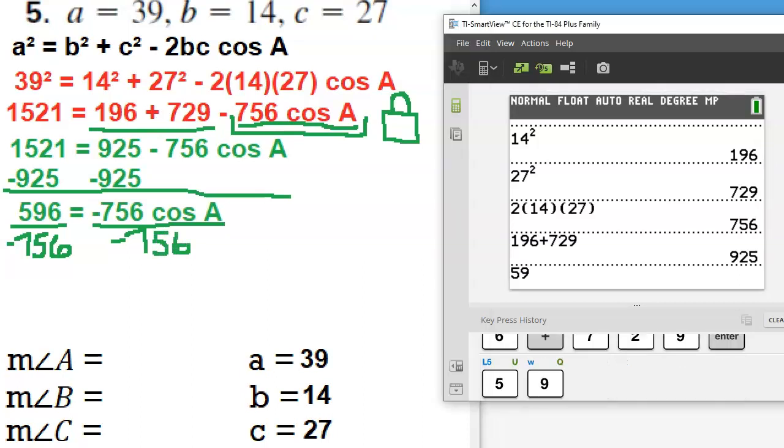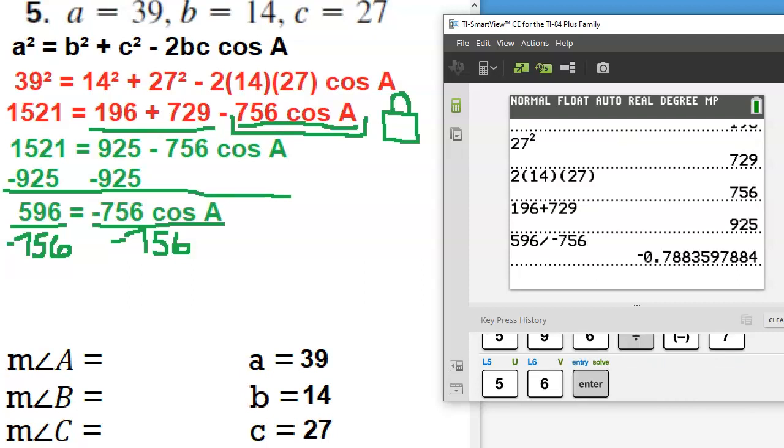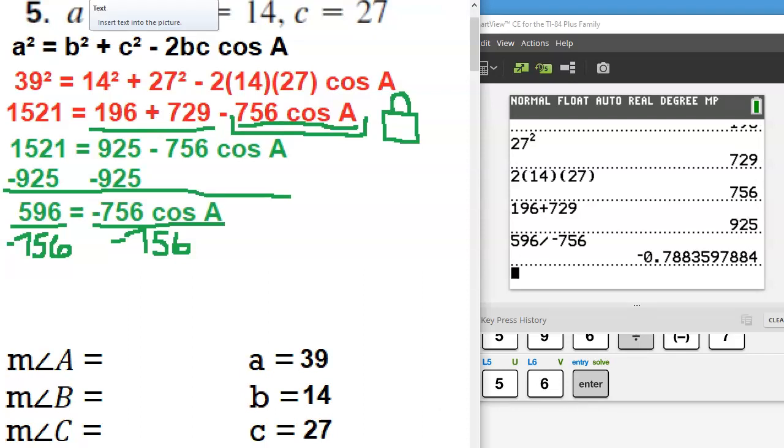Now, this is going to bring up something that you might not have ever seen before. Why is this thing negative? Does that mean we did something wrong? Turns out, no. Whenever you're dealing with cosine and your angle is obtuse, cosine is actually going to be negative.